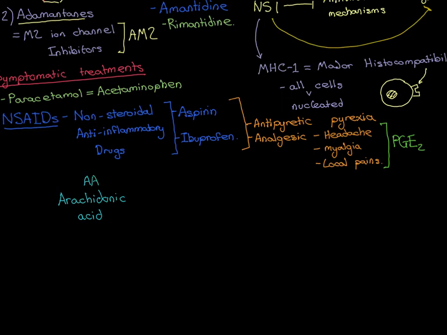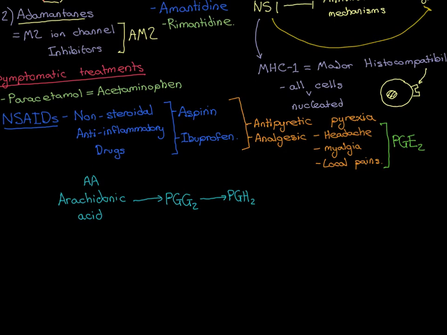Now, in the synthesis of prostaglandins, arachidonic acid is firstly converted to prostaglandin G2, PGG2, and then it's converted further to prostaglandin H2, and these two are the precursor prostaglandins to make all the other prostaglandins. Prostaglandin H2 can then be converted into the other prostaglandins.